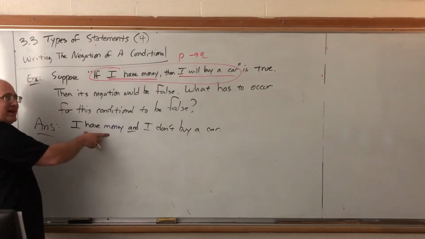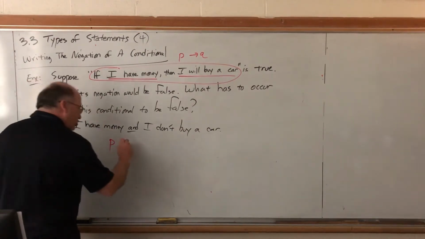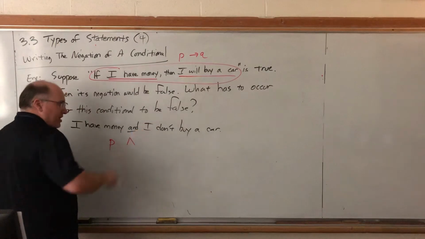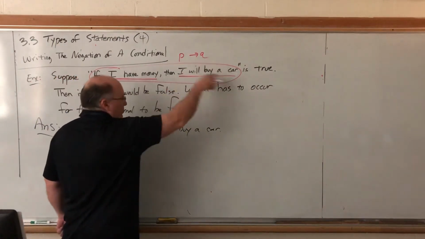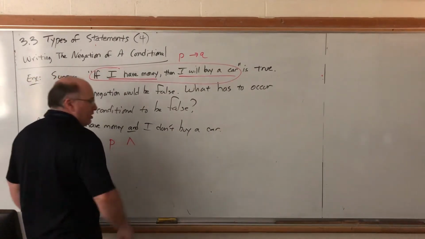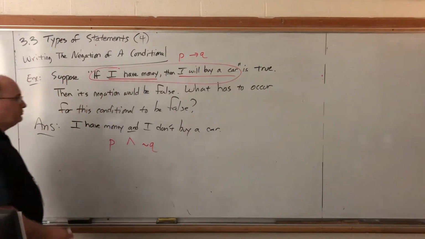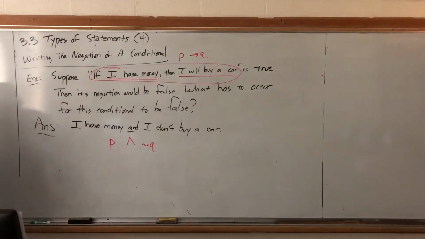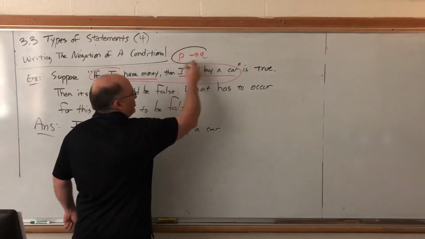Well, here's the phrase I have money, so that's still P. And is a conjunction, but the other half of it is I don't buy a car. Well, statement Q is I will buy a car. So how can I write I don't buy a car symbolically? Negation Q.